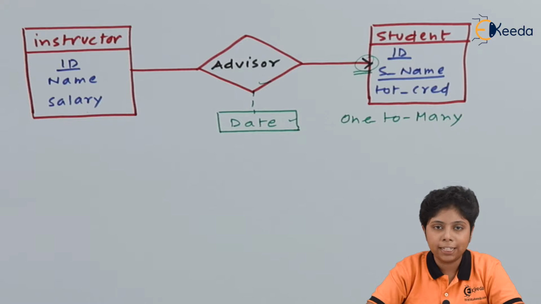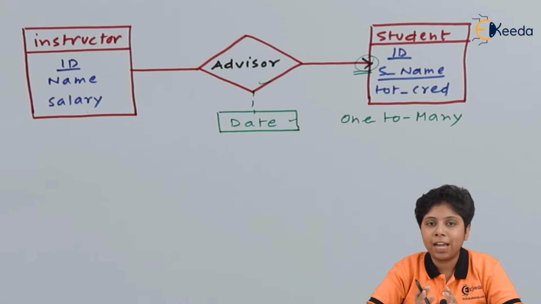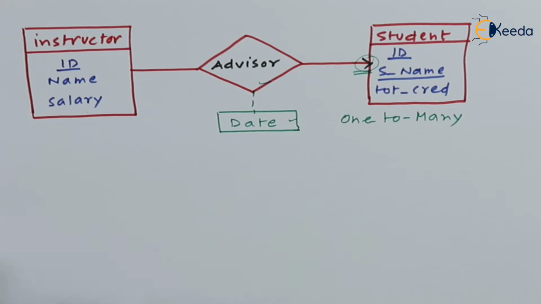Now we will see how to handle many-to-one or many-to-many relationships in the ERD. Many-to-one is the exact opposite of this one-to-many. If there are many students that can be attached to a single advisor, then it is said to be many-to-one. We can just reverse the diagram like this.